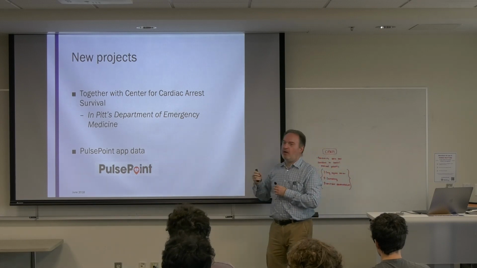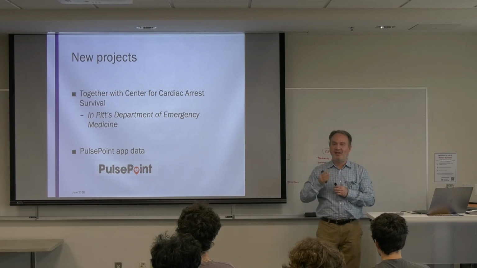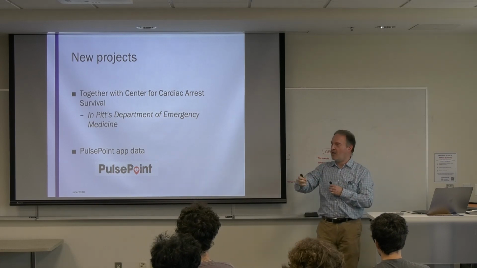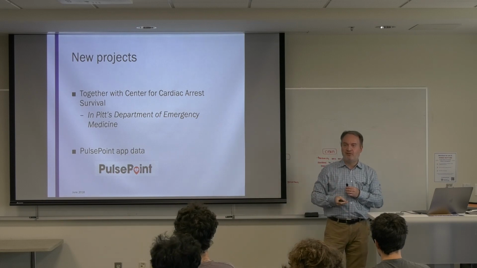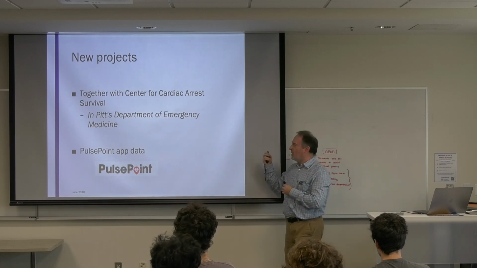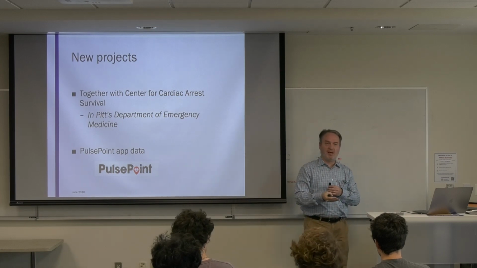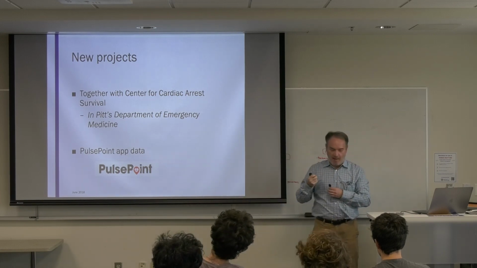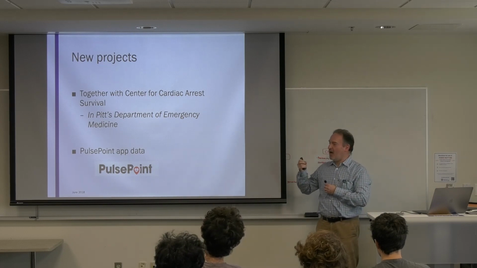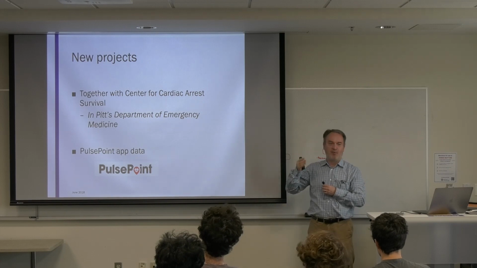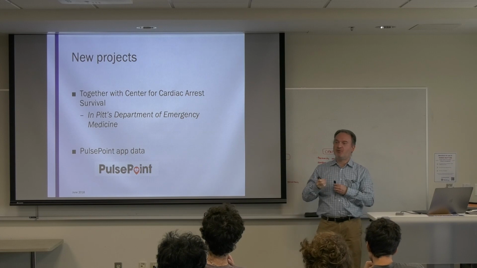So let's say you're at the park, you're eating something, and you get a notification that someone in the park, a few feet away from you, needs CPR. Assuming you are trained, the idea is that you can go there and hopefully make it before the ambulances show up. The reason this is important is that every minute that passes after someone stops breathing reduces their chance of survival by 10%.